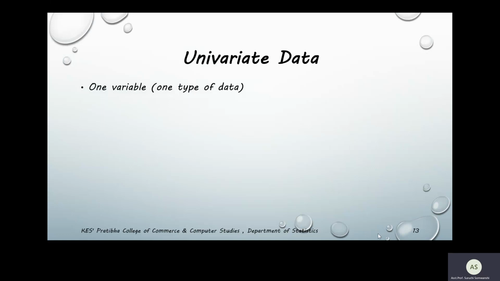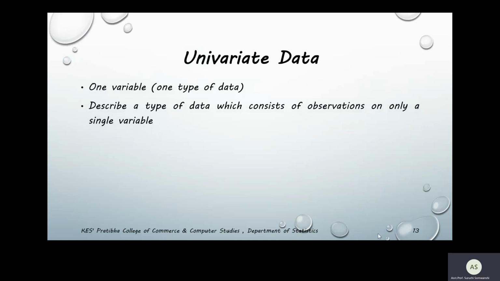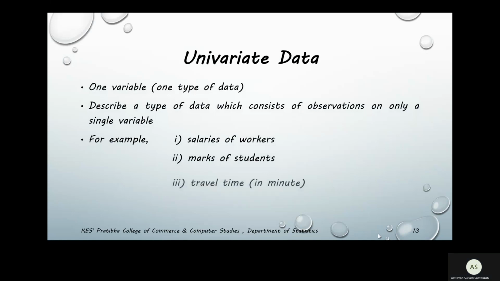So, the data having one variable is termed as univariate data. This data consists of observations on only a single variable. For example, salaries of workers, marks of students, travel time in minutes, and puppy weight. This kind of data comes under univariate data.